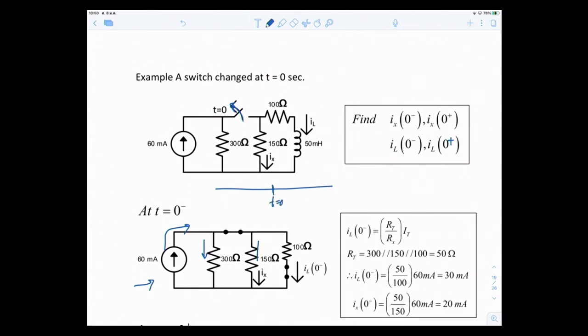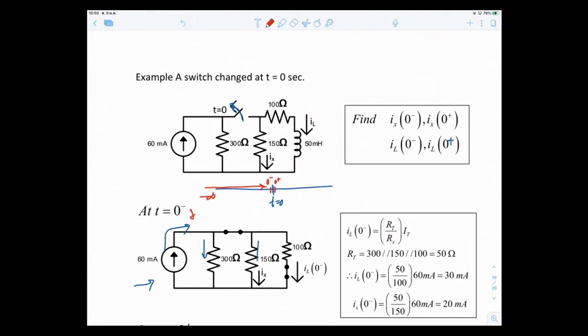A little bit before t equal to 0 is t equal to 0 minus, and just after is 0 plus, right? But you have to think that the circuit has been connected like this for a long time, t equal to infinity, until t equal to 0 minus.